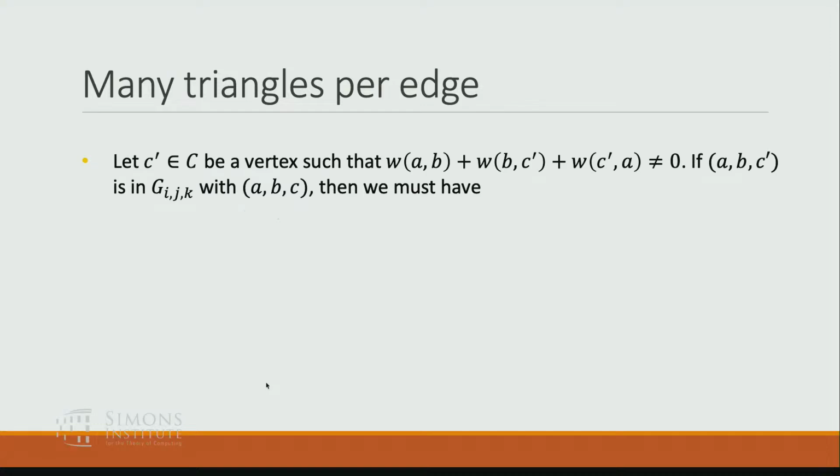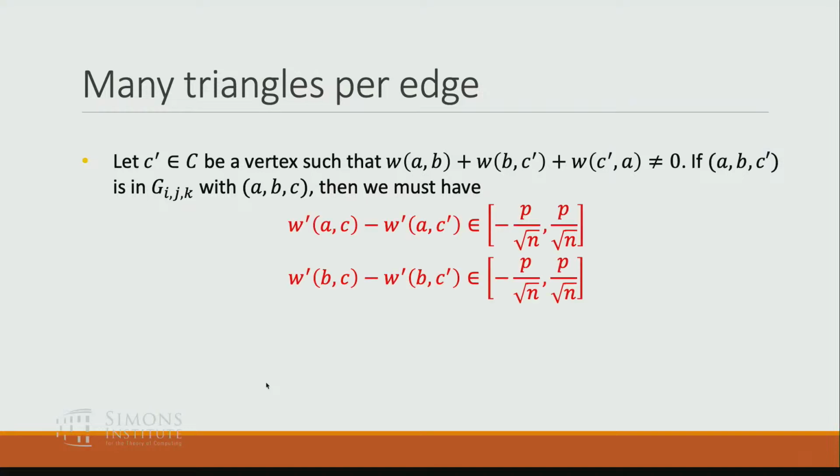So let C prime be a vertex so that ABC prime is not a zero-weight triangle. And let's bound the probability that ABC prime is in the graph G_ijk. Right, so in order for ABC prime to be in the same subgraph G_ijk with ABC, we must have that W prime AC and W prime AC prime are in the same range.